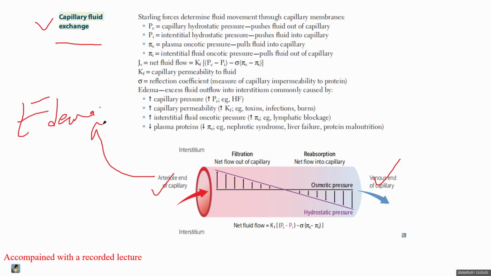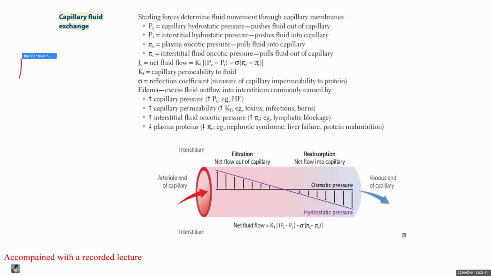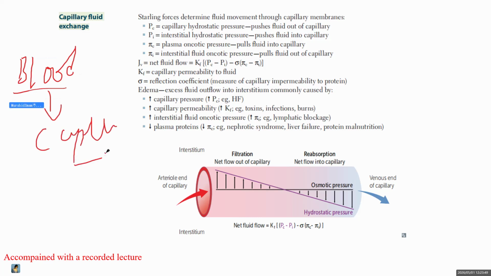The first concept that you need to master is that inside our body, the blood moves through the capillaries, right? And these capillaries are in close contact with the surrounding tissues. For example, if this is a capillary, it is in touch with the interstitial tissues.